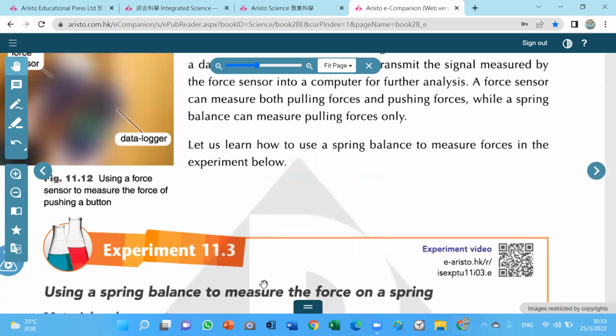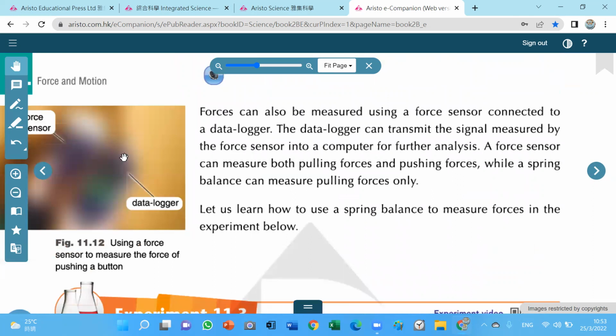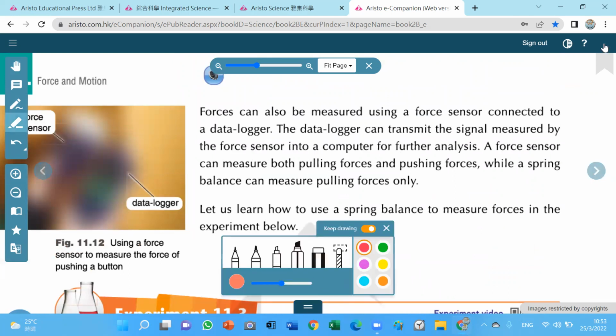So force can also be measured using a force sensor. Force can also be measured using a force sensor connected to a data logger. The data logger can transmit the data measured by the force sensor into a computer for further analysis.